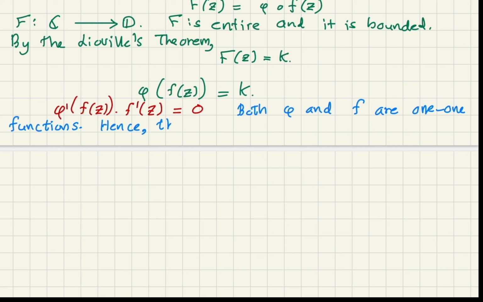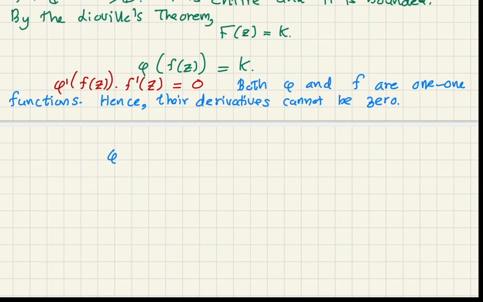That means the left-hand side cannot be 0, but the right-hand side is 0. So this leads to a contradiction.